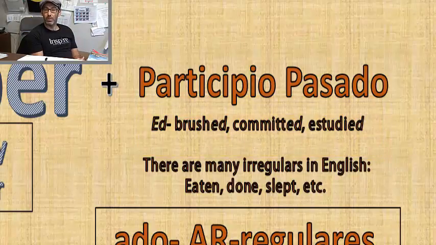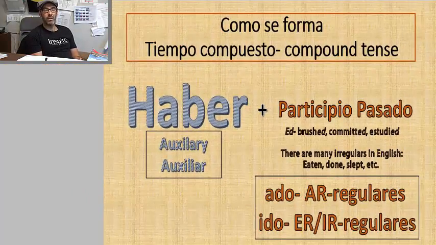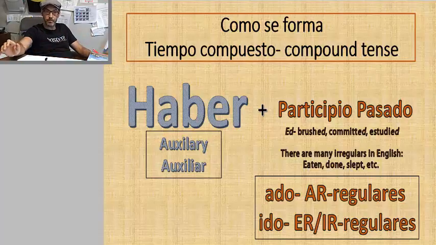We also do have some irregulars, and we'll talk about those in Spanish. Some of the irregulars in English are eaten, done, slept, which are conjugations that do not end in ed. They are irregular for that matter, and there are many more irregulars in English than there are in Spanish.